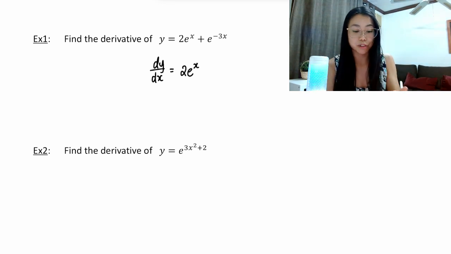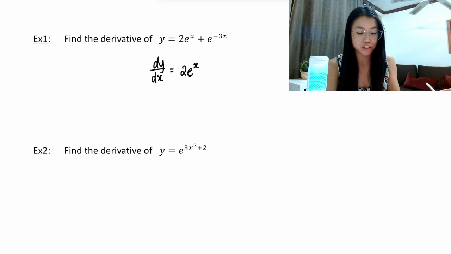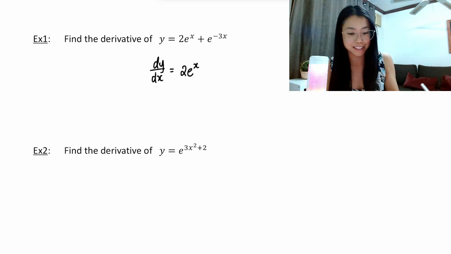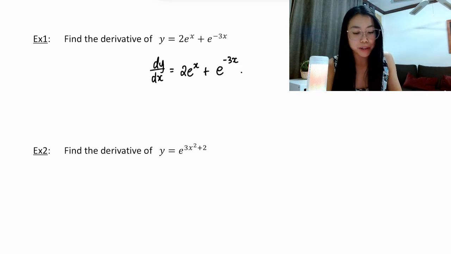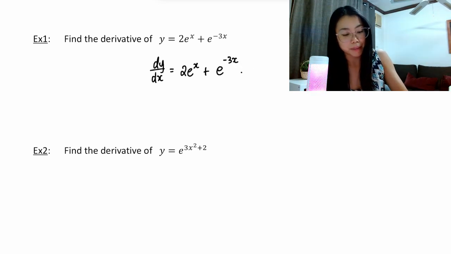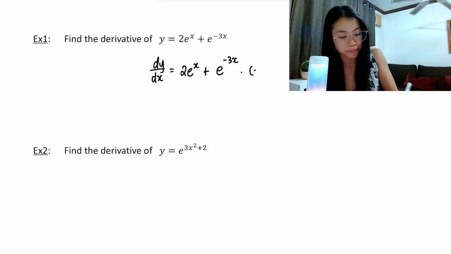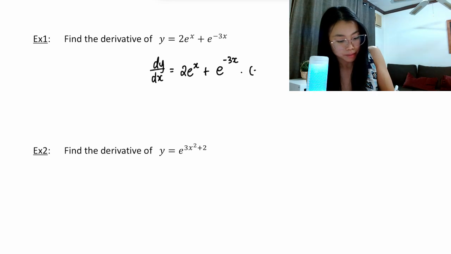So the coefficient in front does not change, it just stays. And then we take the derivative of e to the x, which is e to the x. Then we want to add that with e to the minus 3x and multiply that with the derivative of minus 3x, which is minus 3. So here's our final answer.